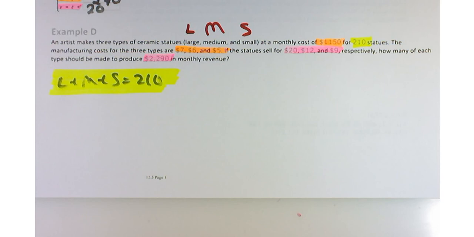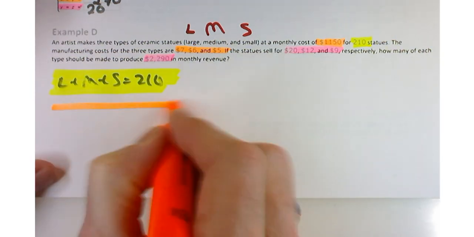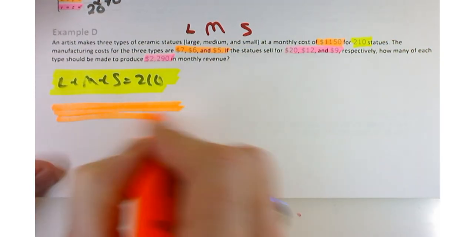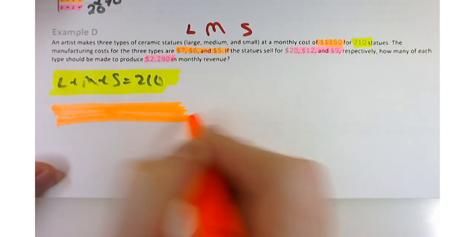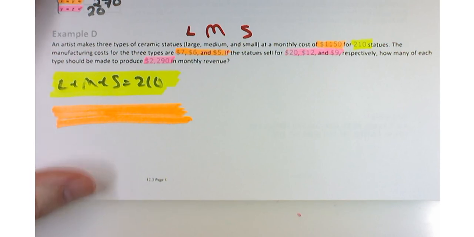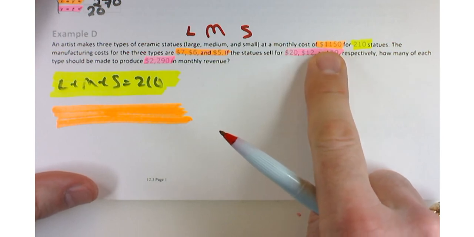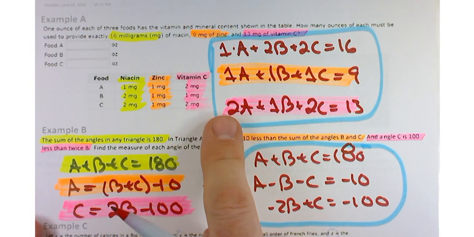Now our other equation talks about the cost. So let's figure out the cost here. The equation that we're going to come up with for the cost reminds me of what we did up here.